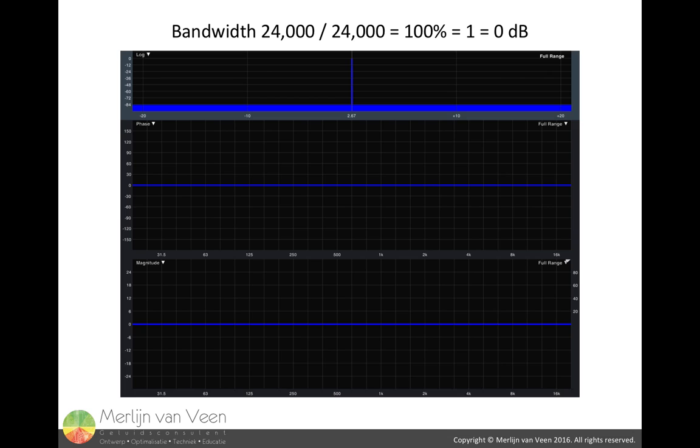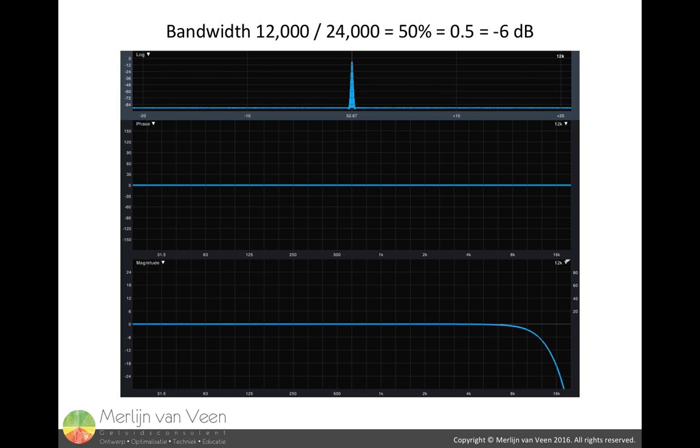Don't pay attention to the actual numerical values in the center of the time scale of the impulse response in these slides. Just focus on the shape of the impulse response. If we reduce the bandwidth by 50% or 1 octave, lowering the corner frequency from 24 kHz to 12 kHz, we observe a 6 dB drop in the impulse response on a logarithmic scale.